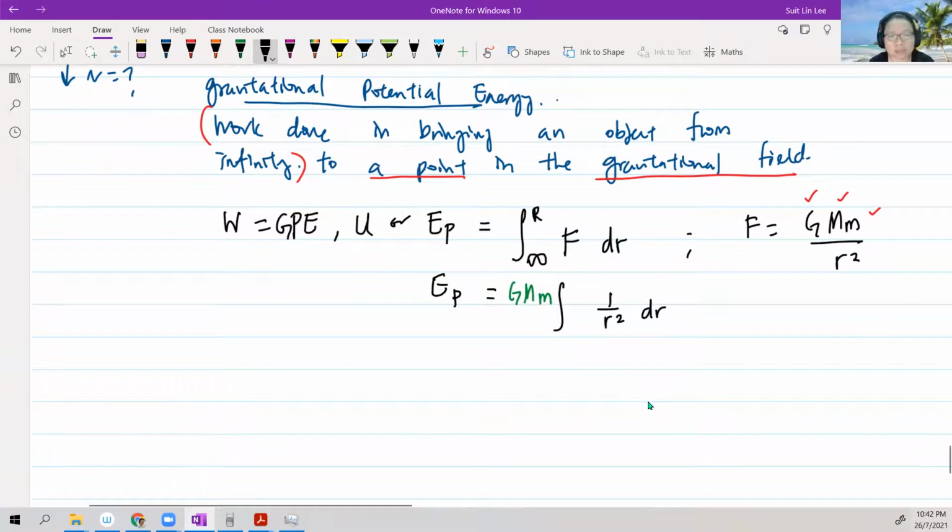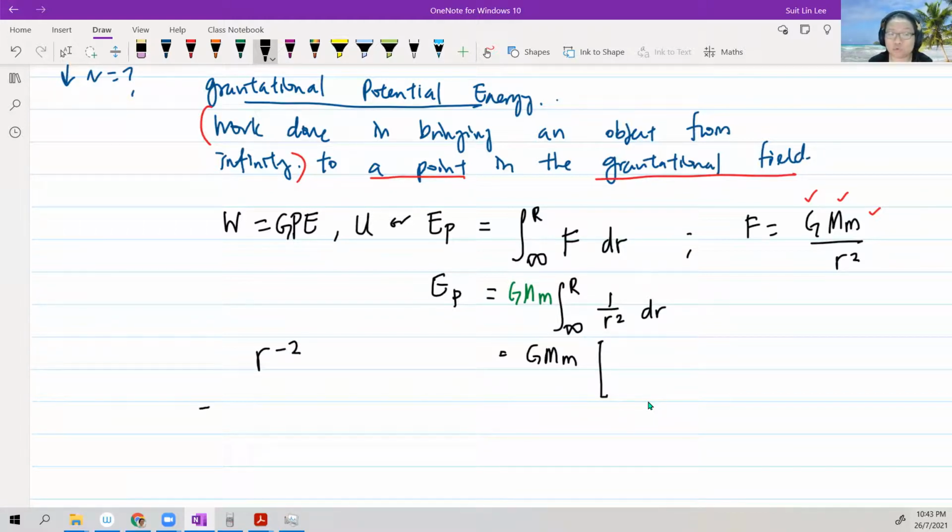Our limits were from infinity to R. G M m, then 1 over R squared, which is R to the negative 2, right? So you want to integrate this.